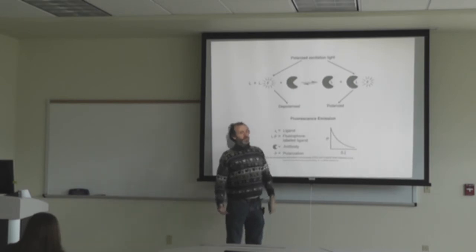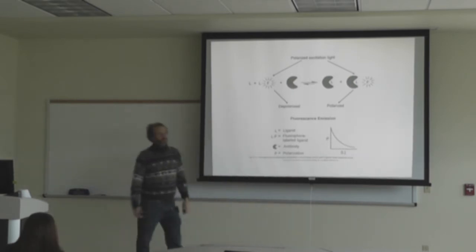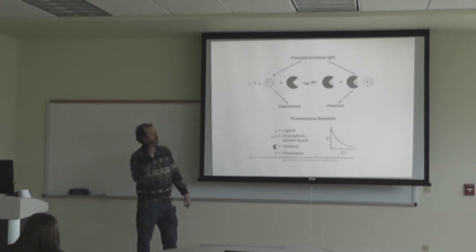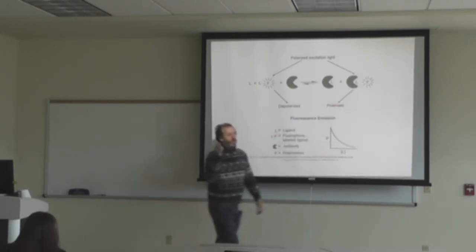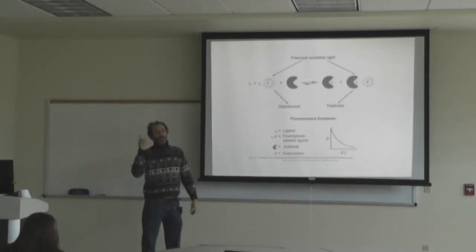So do you guys remember, didn't I talk about this for the measurements using light chapter? Polarization assays. So all of these molecules are going to spin in solution, right? Which ones do you think spin, just normal Brownian motion, which ones would spin faster and which ones would spin slower?